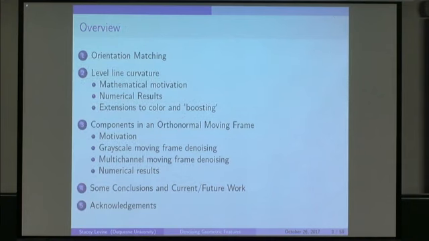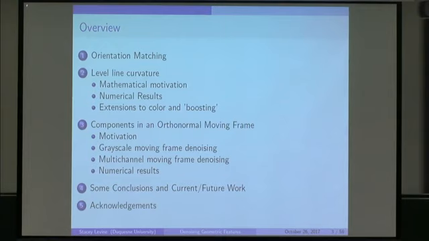The three geometric measures of the image that I'll refer to today are these three: orientation matching, and what I mean by that is looking at the unit normal vector field to the level lines of the surface of an image; the curvature of the level lines, computing that directly; as well as looking at the components of the image in an orthonormal moving frame, where this moving frame encodes the geometry in a meaningful way.